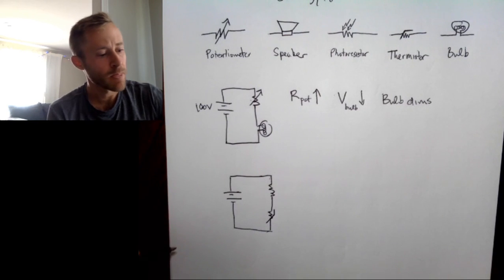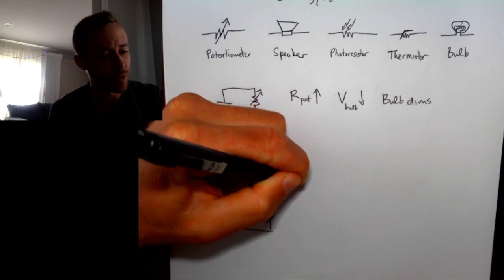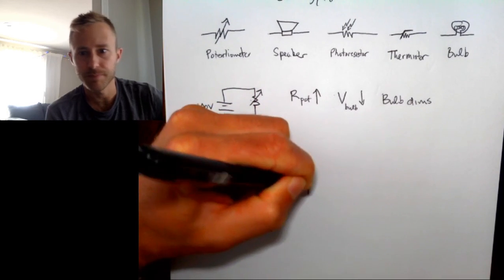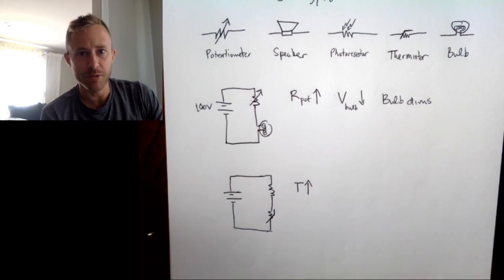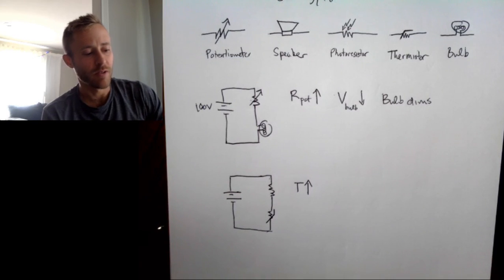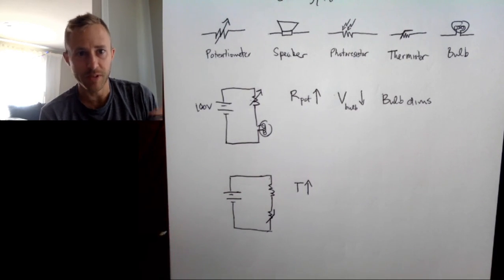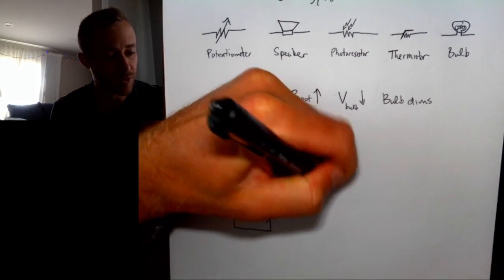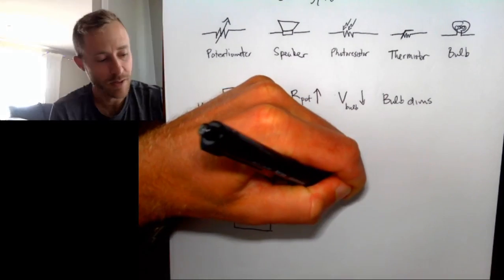And let's suppose that the temperature goes up. With thermistors, when the temperature goes up, the resistance goes down. So the resistance of the thermistor will go down.